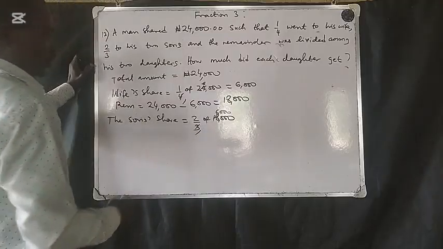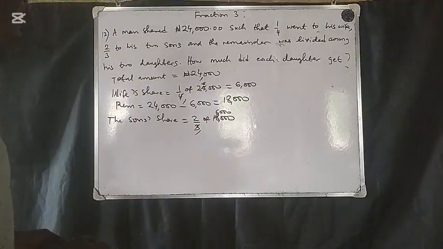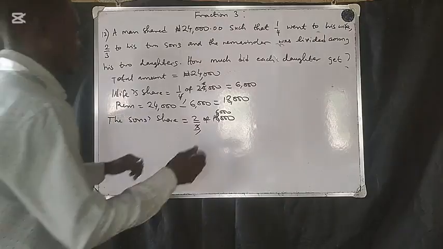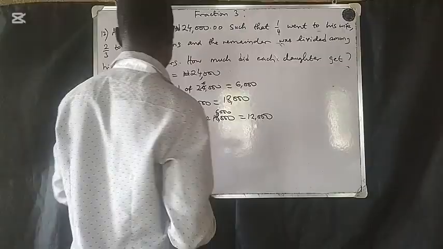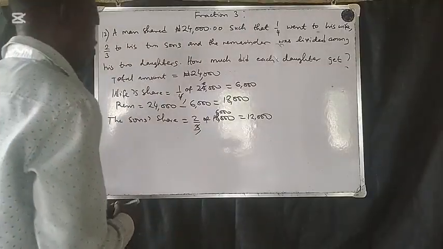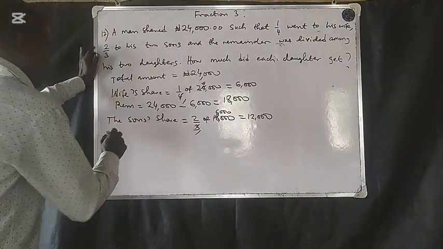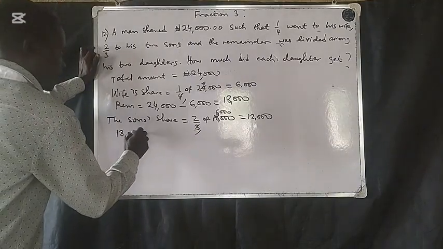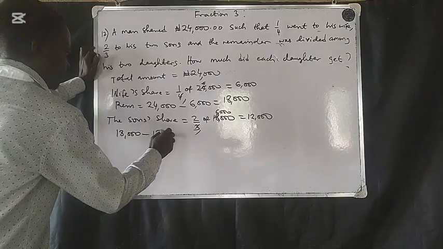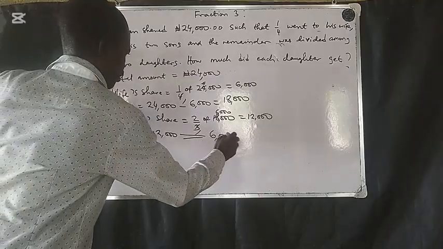That will be 6,000. 2 times 6,000, and that will be 12,000. The two sons' share is 12,000. So let's remove it from the remainder. So 18,000 minus 12,000, we're going to be left with 6,000.